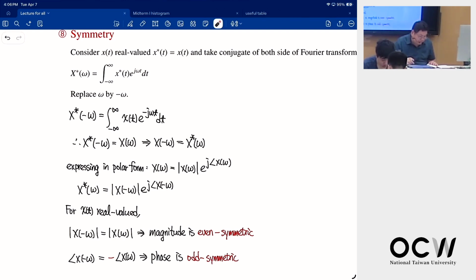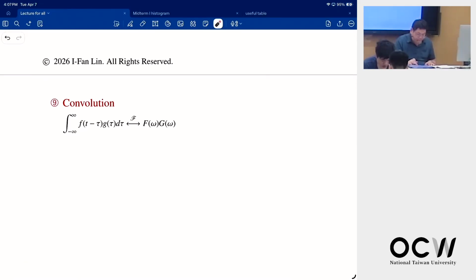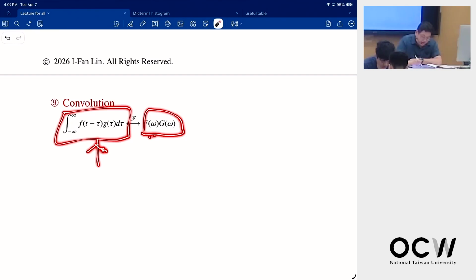But here, let's still talk about it. What is the convolution? The convolution in the time domain means multiplication in the frequency domain. Let's prove it quickly.